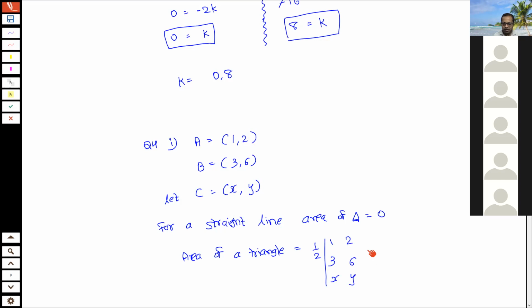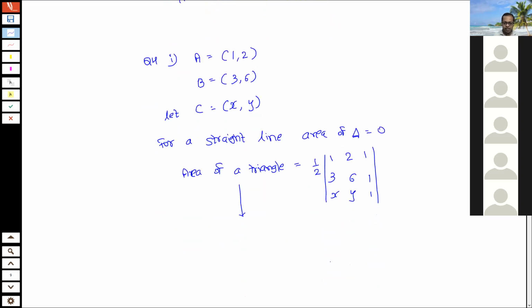Okay, and here as always what we write 1. So what will we put on left hand side? 0.